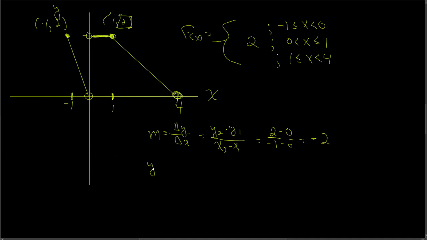Now we use the point slope formula. I'm going to use the point 0, 0 because it'll be easier to do. So y minus 0 equals -2 times x minus 0, or y equals -2x.